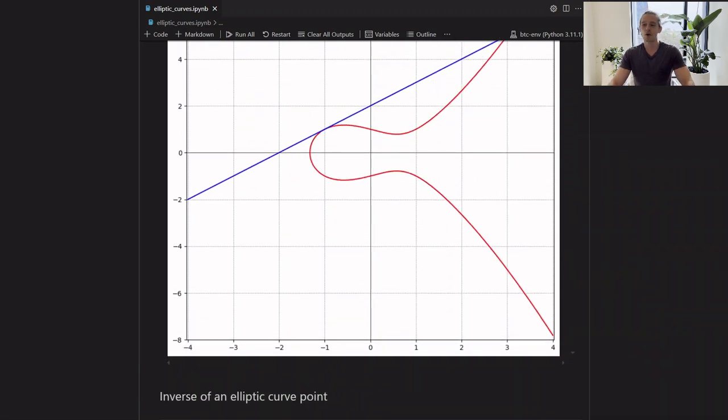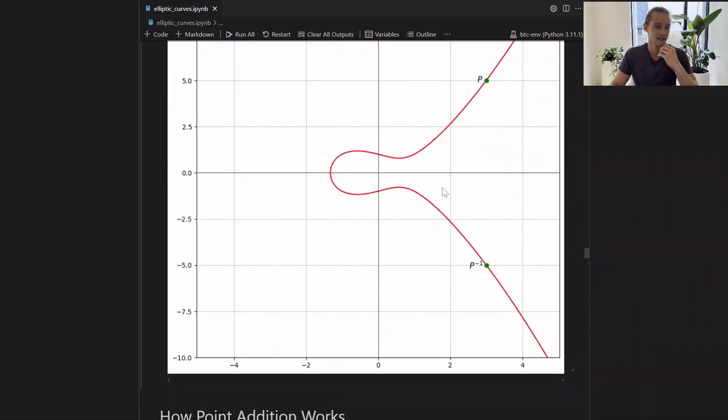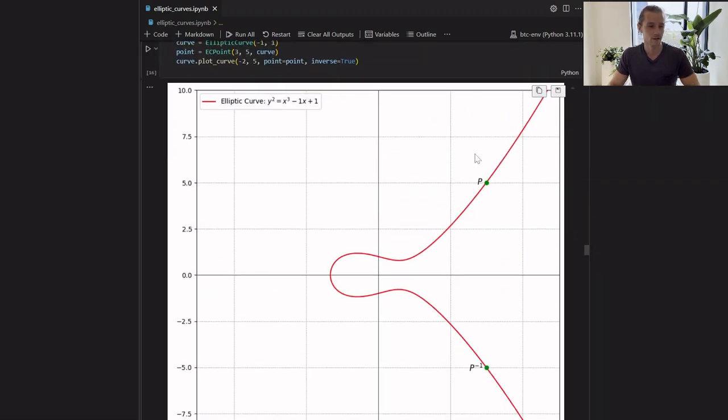Before we move on to point addition, let's look at what the inverse of an elliptic curve point is. We've introduced it above, and the fact that it's relevant for 2 of the conditions, but just to define it: the inverse of an elliptic curve point, so if we have the point P here, is always the point you get if you reflect this point over the x-axis.